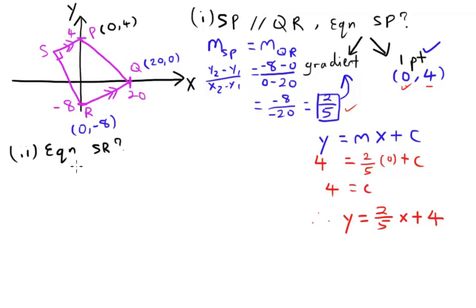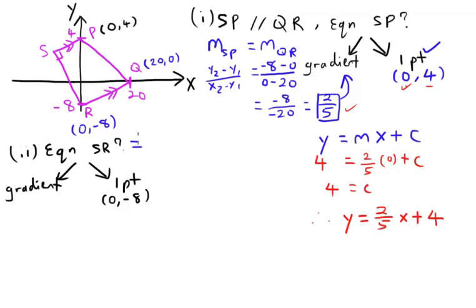Well, same thing again. What would be your gradient? And any point? Well, as usual, for SR you could see you have the point R, (0, -8). But what's the gradient for SR?